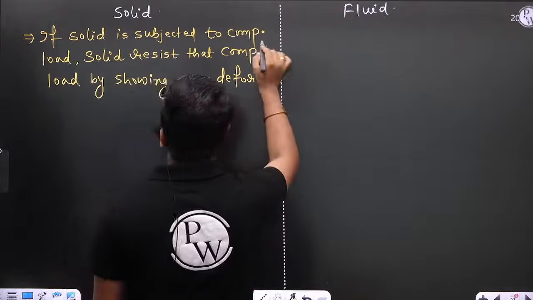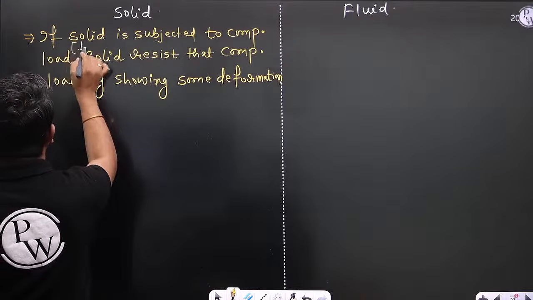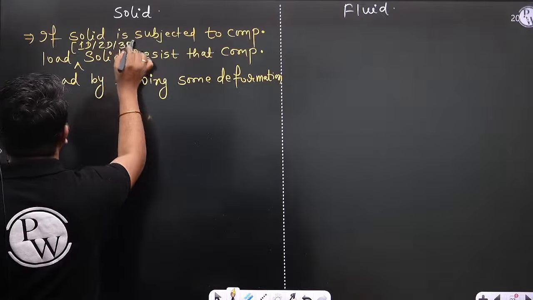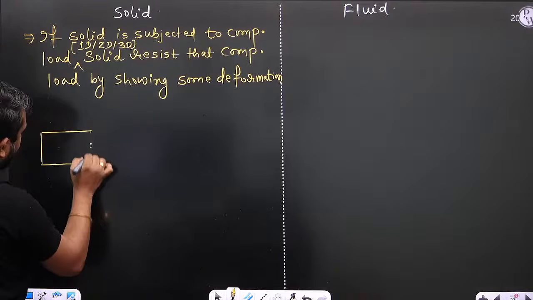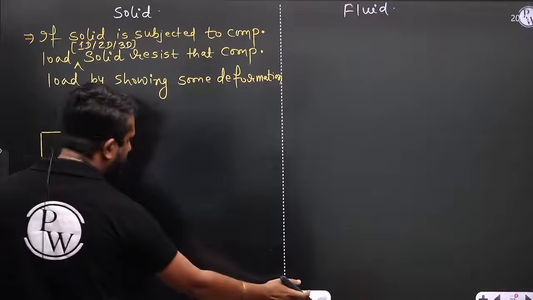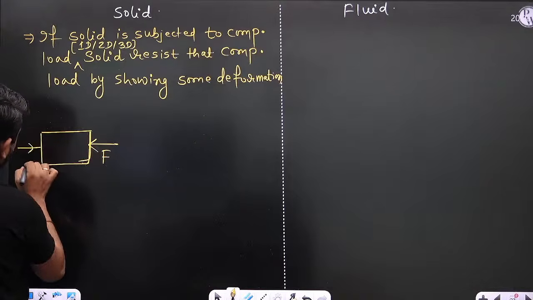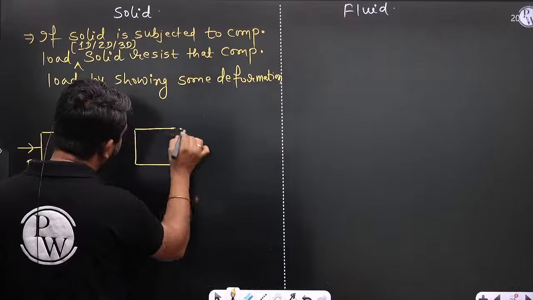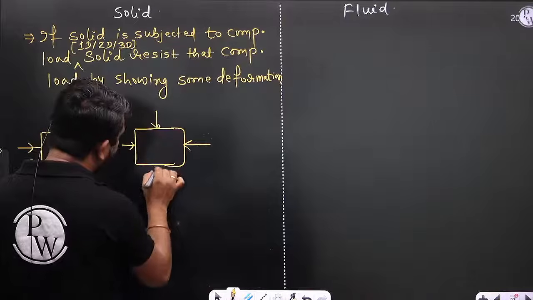If solid is subjected to compressive load, that compressive load may be 1D, maybe 2D, maybe 3D, right? So let us consider this is a solid body. It is subjected to one dimensional compressive load. This is again solid. It is subjected to two-dimensional compressive load.